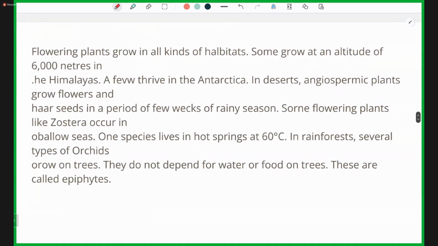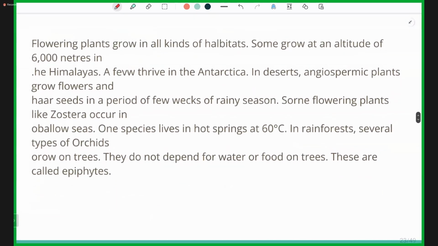The flowering plants are found in all kinds of habitats. Some grow at an altitude of about 6,000 meters, like in the Himalayas, and a few thrive in Antarctica. In deserts, annual plants grow flowers and bear seeds in a period of a few weeks of rainy season.